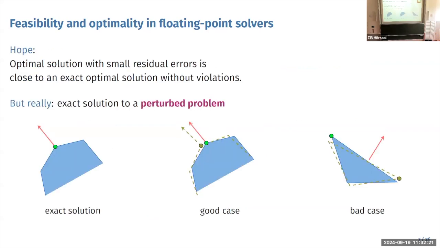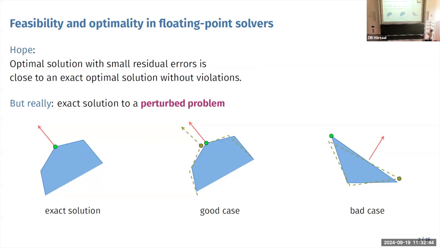Okay. So now, what can we actually expect if we have such a solution that has such an epsilon violation? So everything is within the 10 to the minus 6 tolerance in feasibility and in integrality.